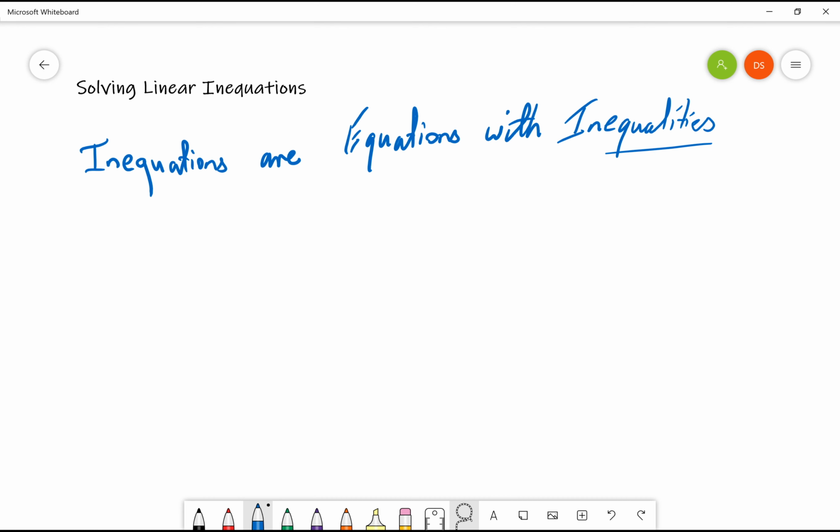Equations with equalities, equations. Equations with inequalities, inequations. Nothing too crazy there. Inequations, fancy. But the maths doesn't change much.